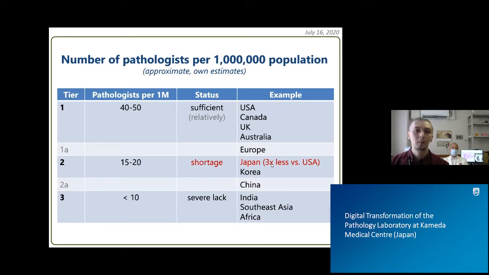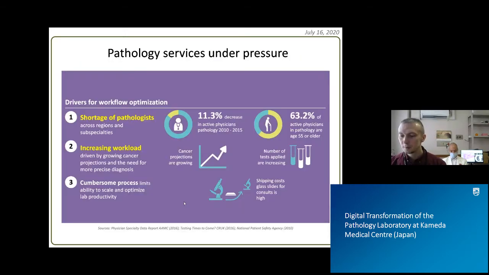And what is going on on the worldwide scale, in Southeast Asia, Asia in general, in South America, let's say in Eastern Europe, is an even more severe lack of pathologists. So to summarize what is going on in the pathology field today, once again on the worldwide scale, pathology services are under pressure.